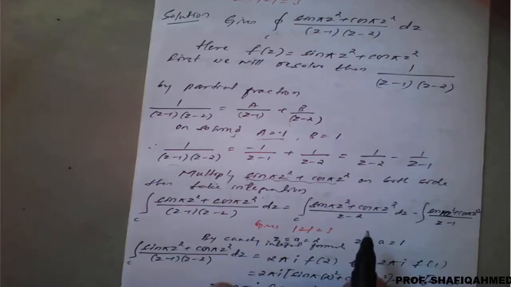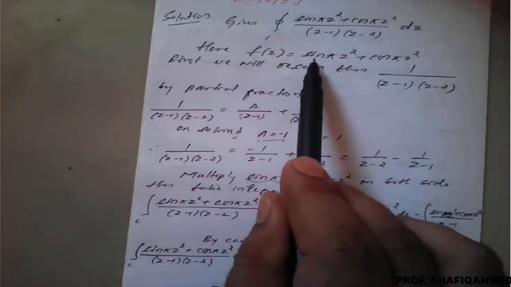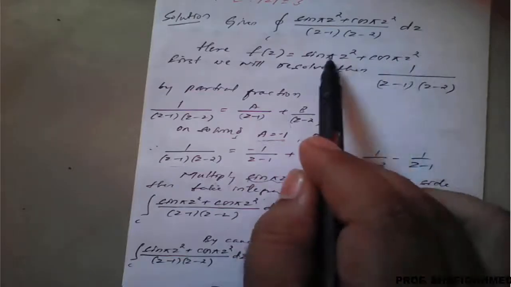As per the direct formula, the right hand side of Cauchy's integral formula is 2πi f(a). Here a is 2 for this integral, minus 2πi f(a), where here a is 1. So I am writing these two cases directly as per the formula. Simplify f(2), where f(z) is sin πz² + cos πz².